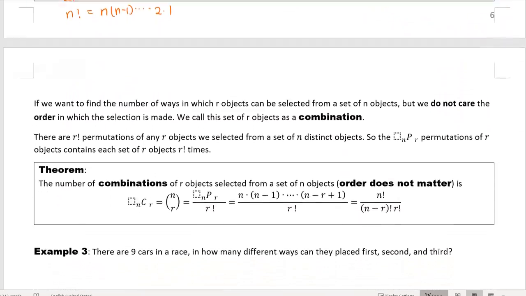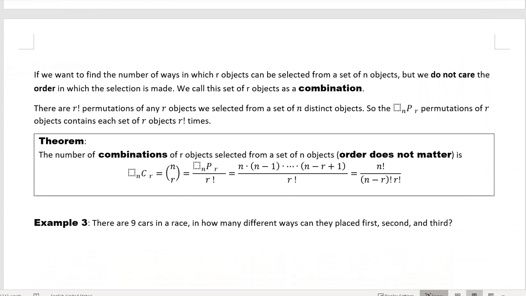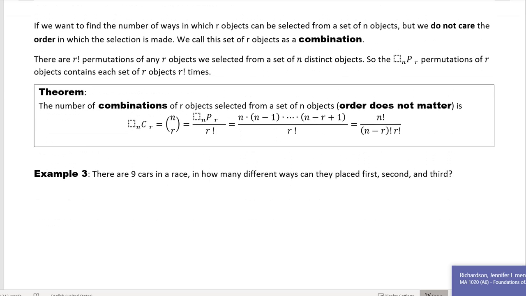Okay, let's continue. Now, if we want to find the number of ways in which R objects are selected from a set of n objects, but we do not care about the order in which the selection is made, we call this set of R objects a combination. So for a combination, the order does not matter.